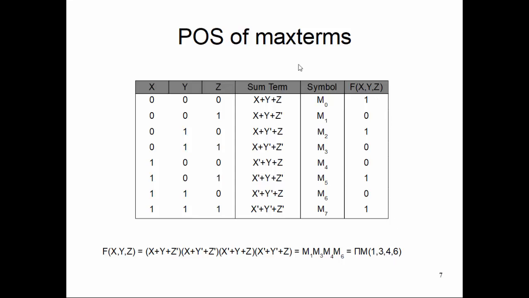So given a truth table, we can write the product of sum as a standard form: we pick up all the rows where the function is 0, pick up the corresponding max terms M1, M3, M4 and M6, and write it as pi M(1, 3, 4, 6). We just look at the terms where the function is 0 and write it as a POS.